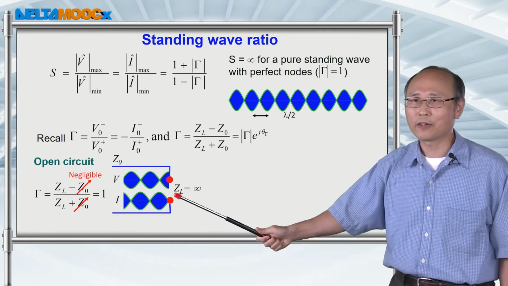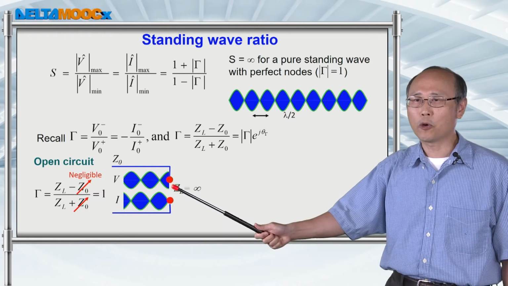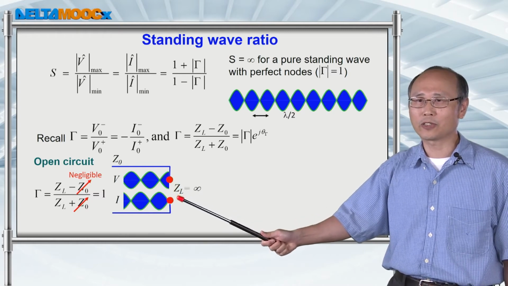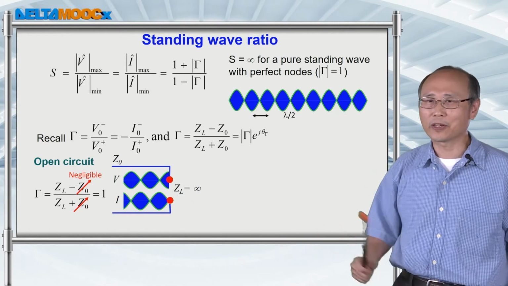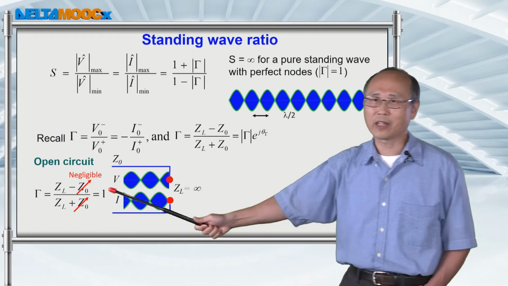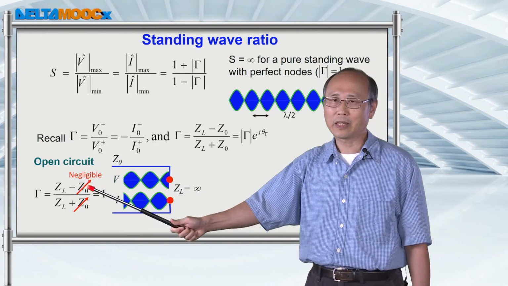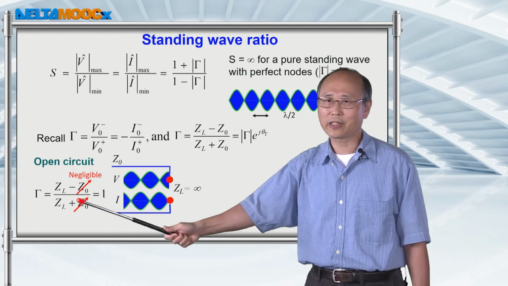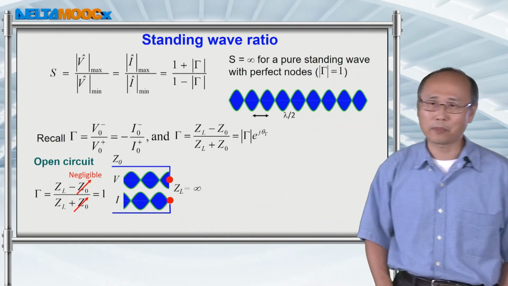Suppose you just open this circuit, take out this load, so you have an open circuit associated with this transmission line, so your load impedance is going to be infinite. With ZL equal to infinity, the characteristic impedance Z0 will be negligible. So you take out this and cancel these two, and then you get gamma equal to +1.